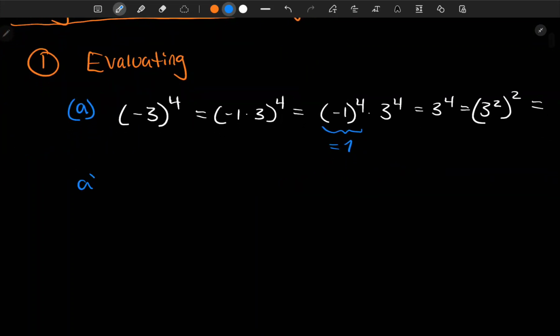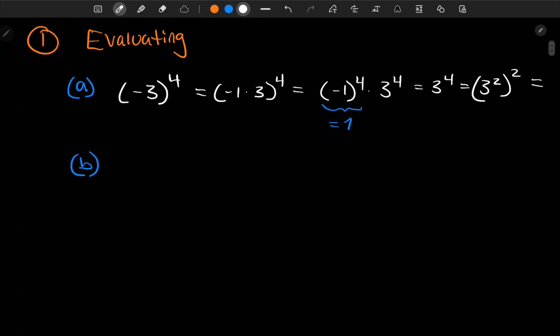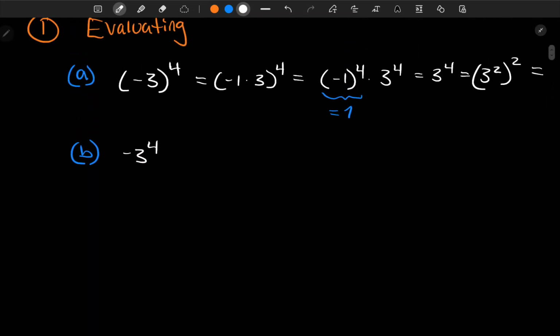Next, let's look at a slightly different problem, which is, what if we have -3^4. Notice the difference here. Before we had parentheses, whereas now we do not. So we're not able to do what we did before, which is split up -3 into the product of 3 times -1, and then raise that to the 4th power.